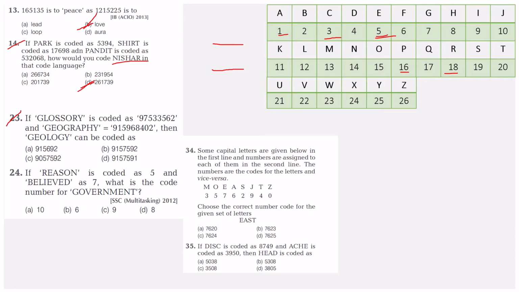It's matching because G, if you take the index of G in the alphabet, is 7, but the starting over here is 9. Now if you solve geology, you will get 9157592, which is option B.